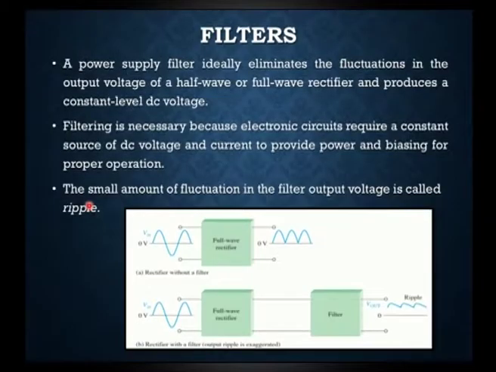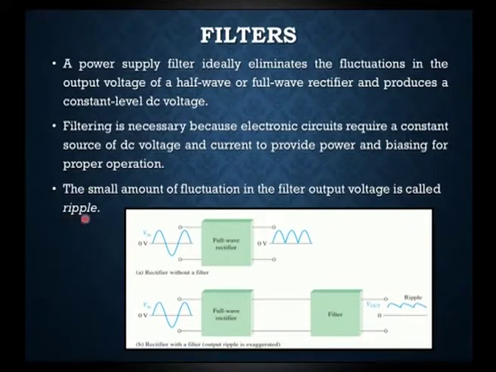So, a constant level of DC voltage is required for any electronic device for operation. For this purpose we need a filter to avoid any fluctuation in a power supply. A small amount of fluctuation in the filter output voltage is called a ripple.